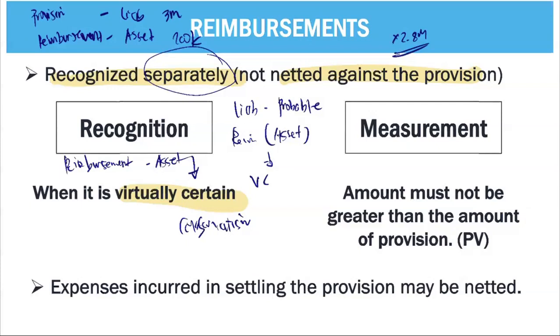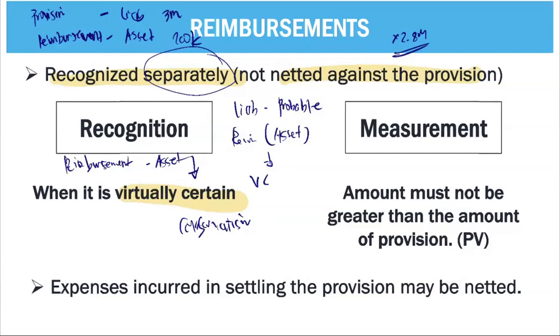It does not say that it will really occur. However, in your asset here, it must be virtually certain, meaning it must really occur. So a while back, probable, it can occur. In your virtually certain, it will occur. There is certainty in your virtually certain, while in your probable, there is not.